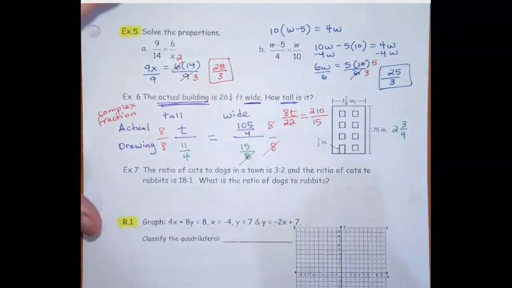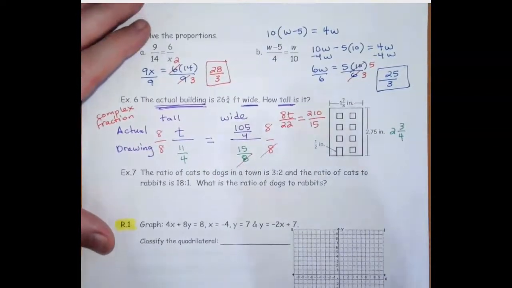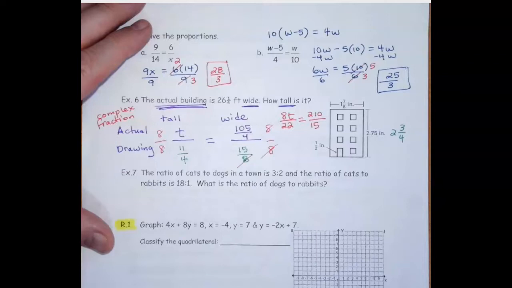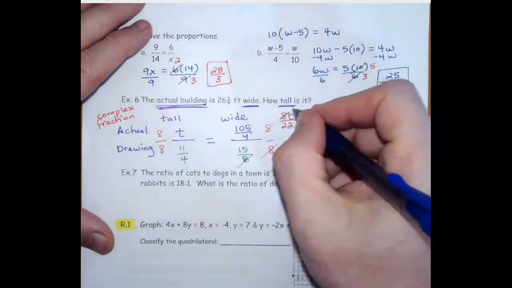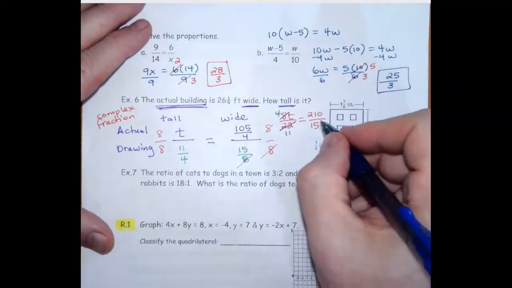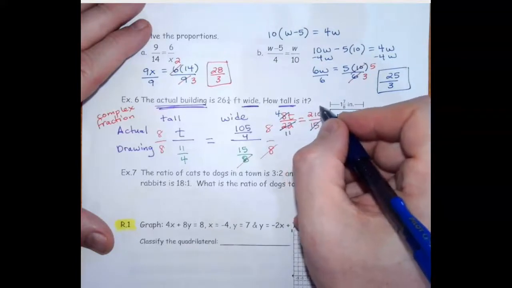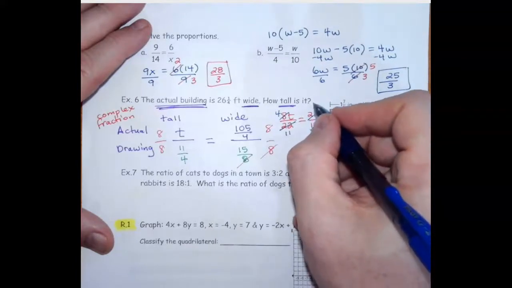All right. So if we could reduce some here. So 2 goes into here 4 times, and 2 goes into here 11 times, and 5 goes into here 3 times, and 5 goes into here 42 times.